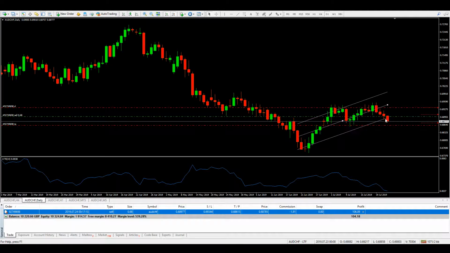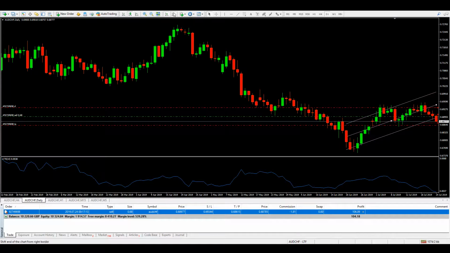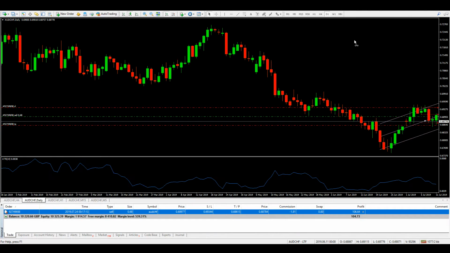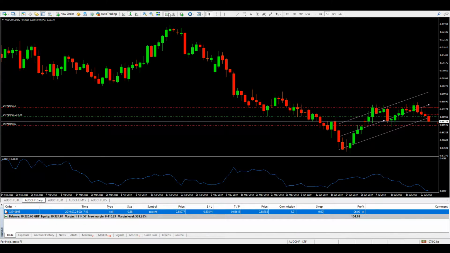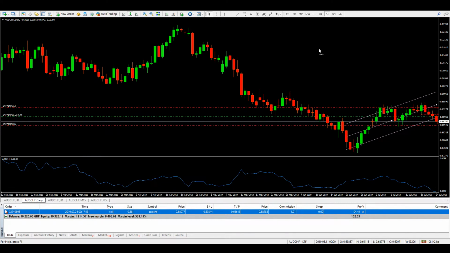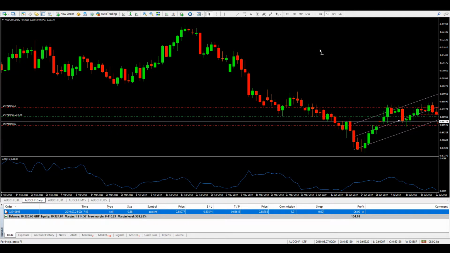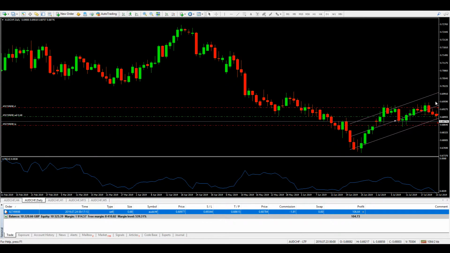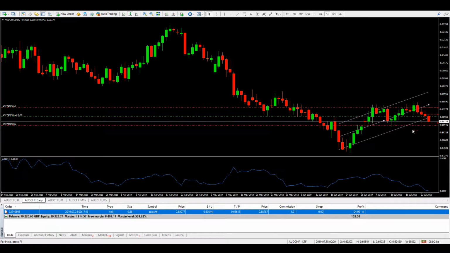Because unless that had happened, if we take this off, this still viably could have been a trend reversal where we see the price move upwards in this channel like this. Now that it's broken that level, it gives more credence to the fact that this price could move lower in the near term.